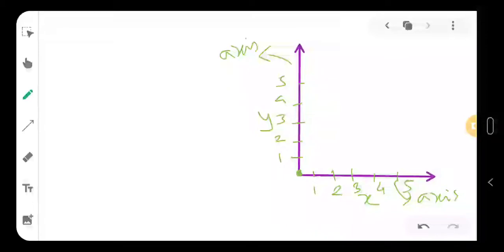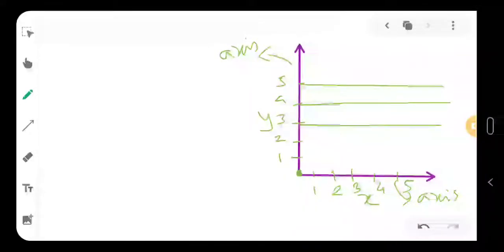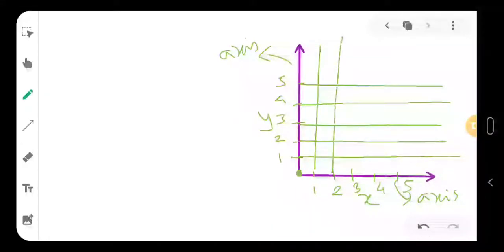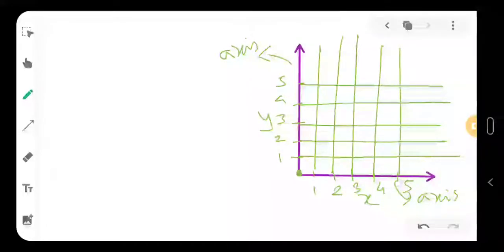In your graph paper you will see this kind of lines. Those are called grids. These lines are there so that it becomes easier for us to locate any point. Let's say I want to know what is this point.